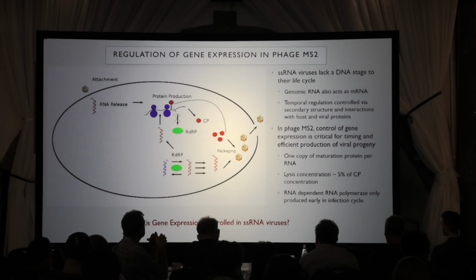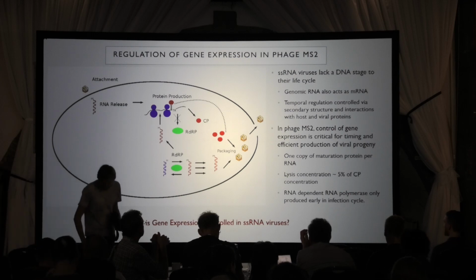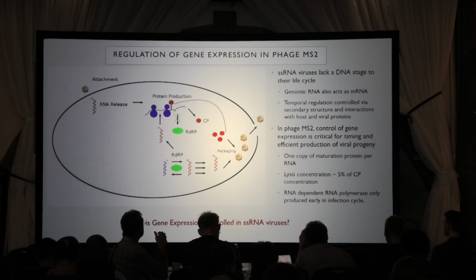RNA polymerase is an early gene, whereas coat protein is a late gene. Eventually there's a feedback mechanism in which coat protein binds to the replicase start codon, and that blocks further synthesis of the polymerase. That switches everything into a packaging stage.